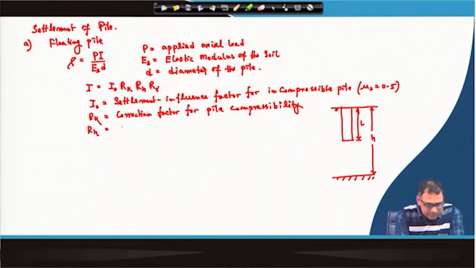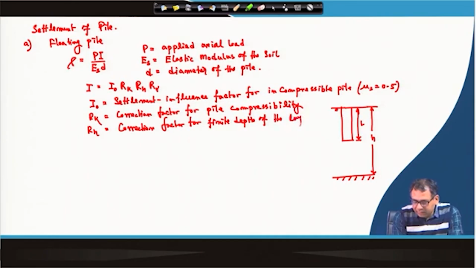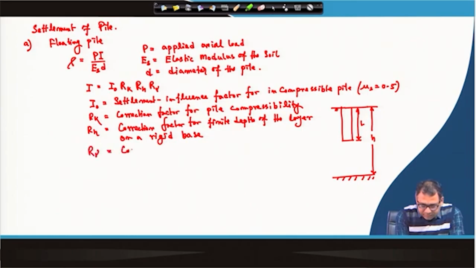R h is the correction factor for finite depth of the layer, or finite thickness of the layer, on a rigid base, and R nu is the correction factor for Poisson ratio.